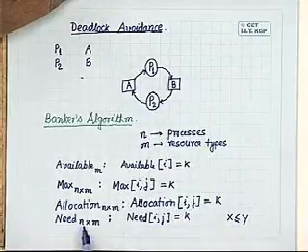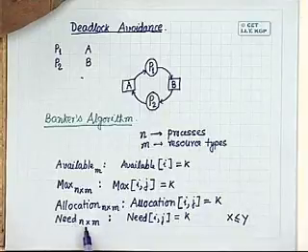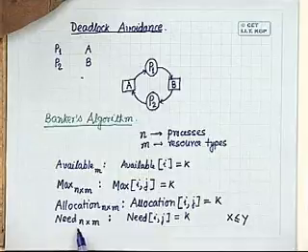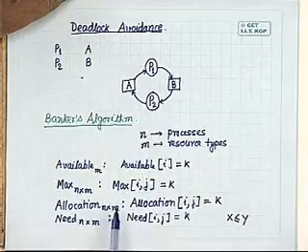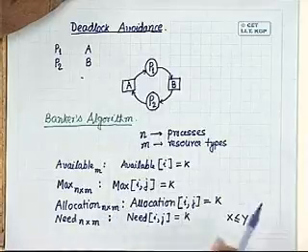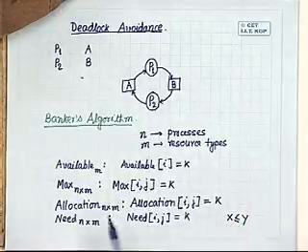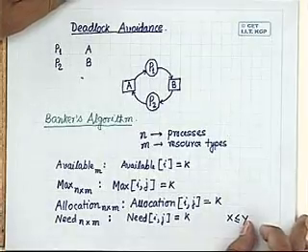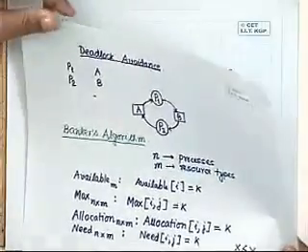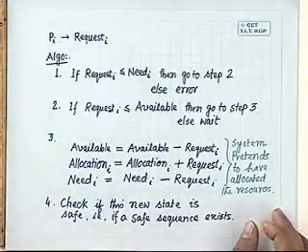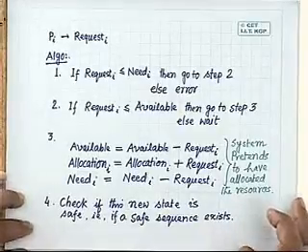And similarly, a matrix need; obviously this need matrix can be calculated from max and allocation. So it says what is the future requirement of the number of instances of different resource types for different processes. Okay. So by making use of these data structures, we have written the Banker's deadlock avoidance algorithm.